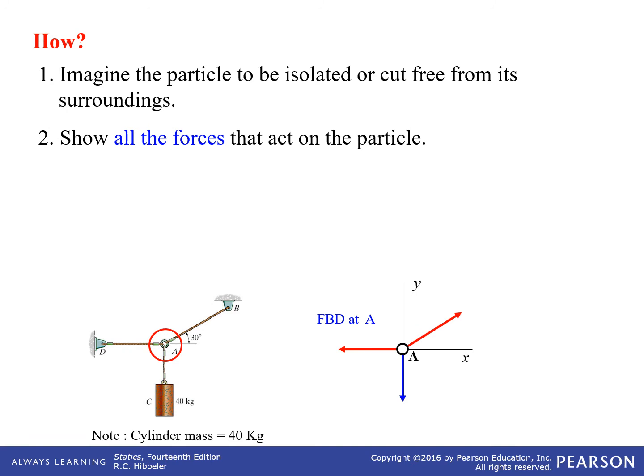There's point A on an XY plane. There is a tension going from A to D, there's a tension going from A to B, and there is a weight pulling down. So you show the forces that are acting on the point or the particle.